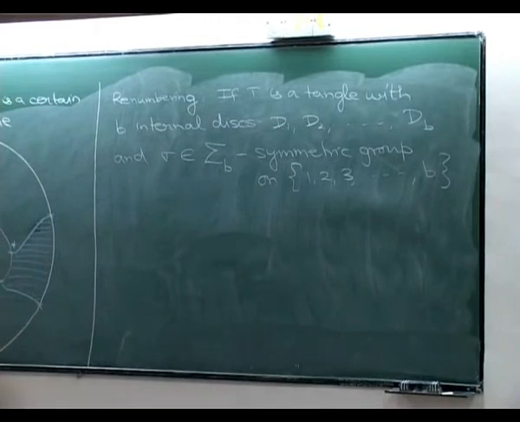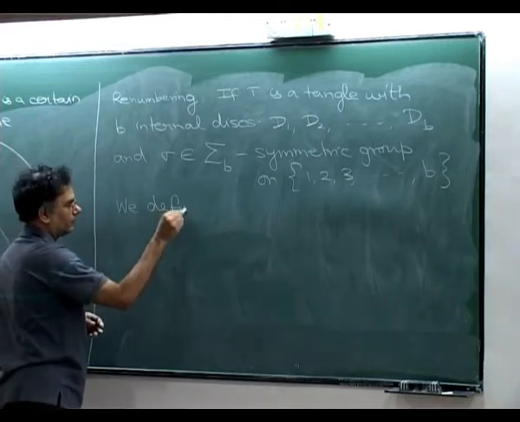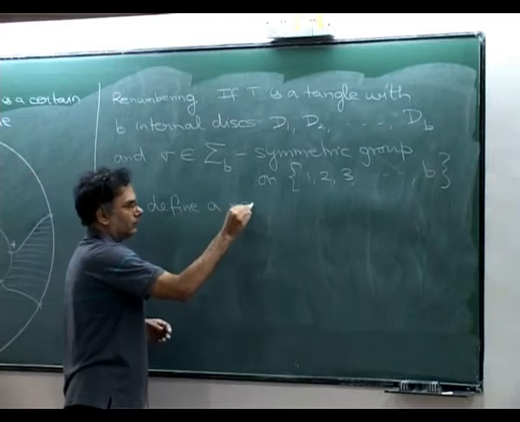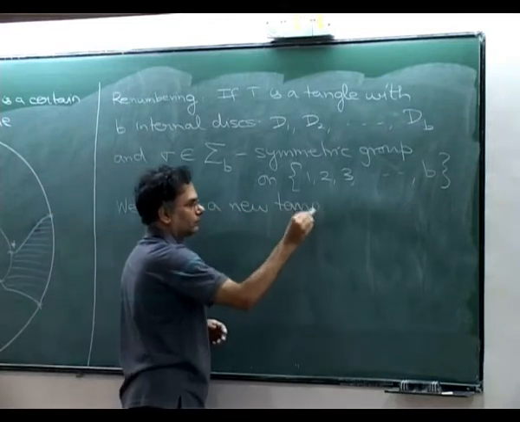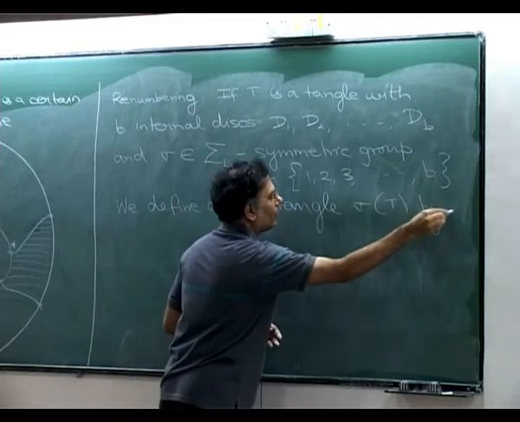Now I want to define a new tangle by operating this sigma on T. So we define a new tangle. What is the prescription?